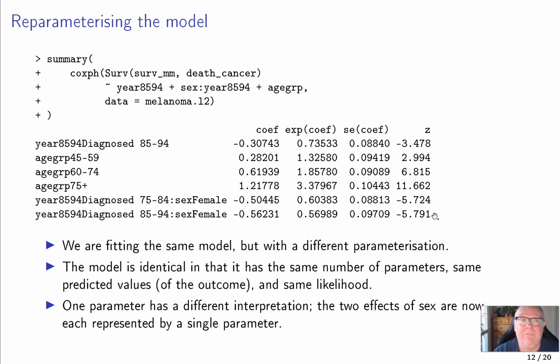So this is the reparameterized model. The effects of period and age group are all the same. Here we have the effective sex for the first period, but now, instead of getting the interaction term as the extra effective sex, we're now getting the hazard ratio for the effective sex.